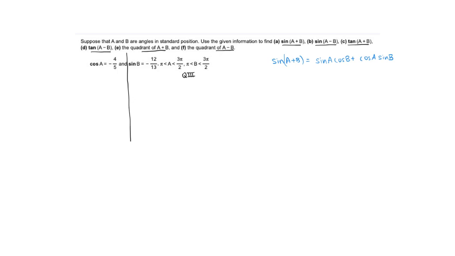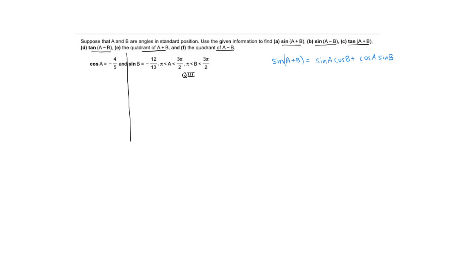Okay, now I'm going to use my addition formula for sine. If I'm trying to find the sine of an angle plus another angle, a plus b, I need to know the values of both sine of a, cosine of a, and also sine of b, cosine of b. But I'm only given one of each.